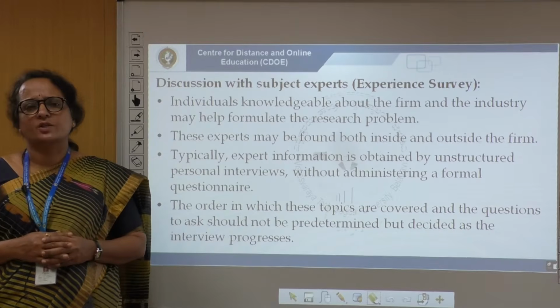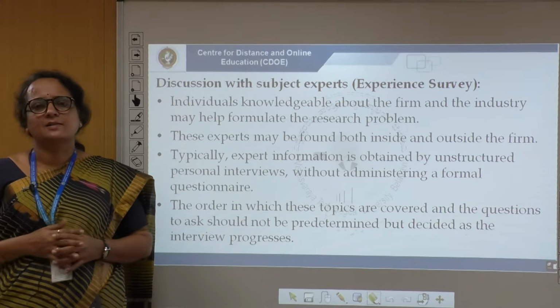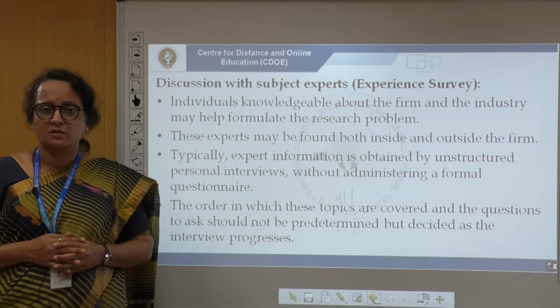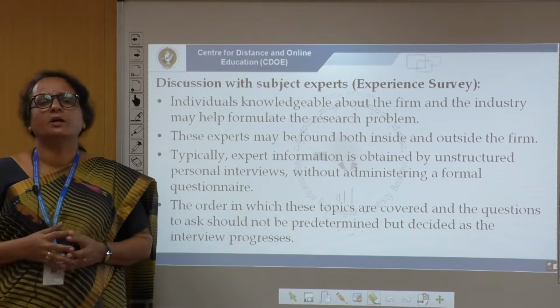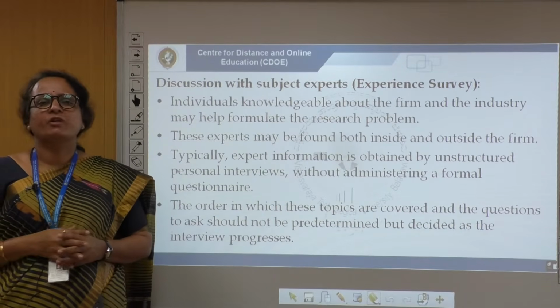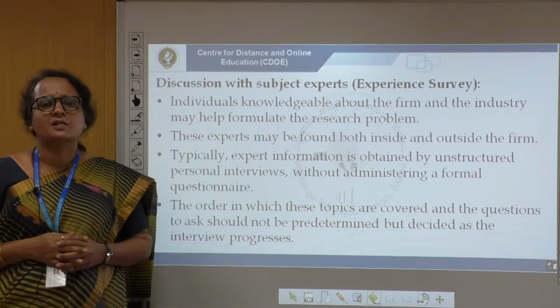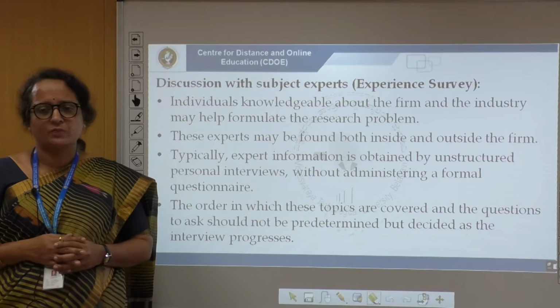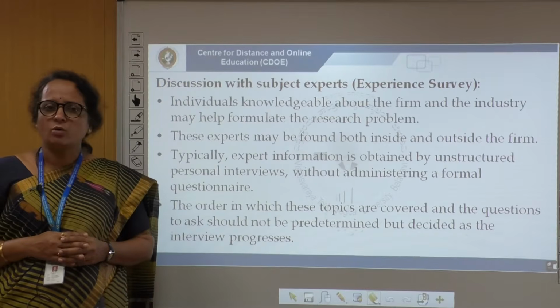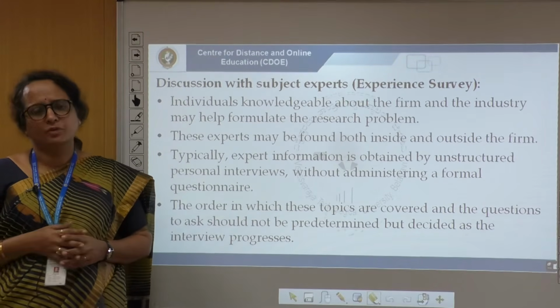A thorough discussion will happen between the research team and the subject experts. The individuals who are highly knowledgeable about the firm or the entire industry will be interviewed, and the nature of the problem will be understood by the researchers. These experts may be found either within the organization or outside the firm.